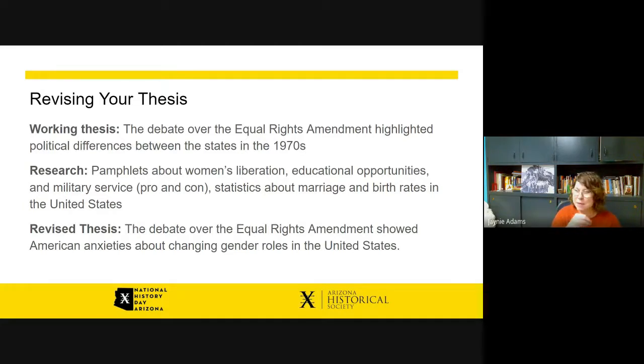And I'm going, maybe this isn't about politics at all, right? Maybe this has something to do with gender. Maybe this has something to do with the anxiety surrounding changing gender roles in the 1970s. The 1960s and 1970s are sometimes considered the era of women's liberation. They're also sometimes considered the era of sexual liberation.